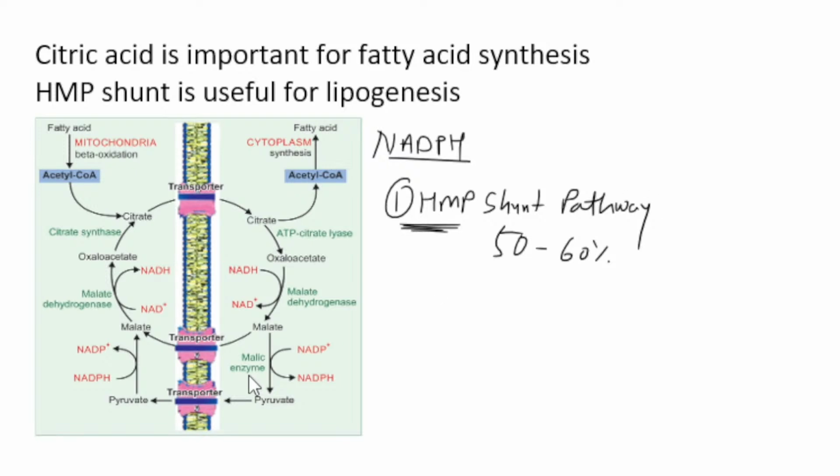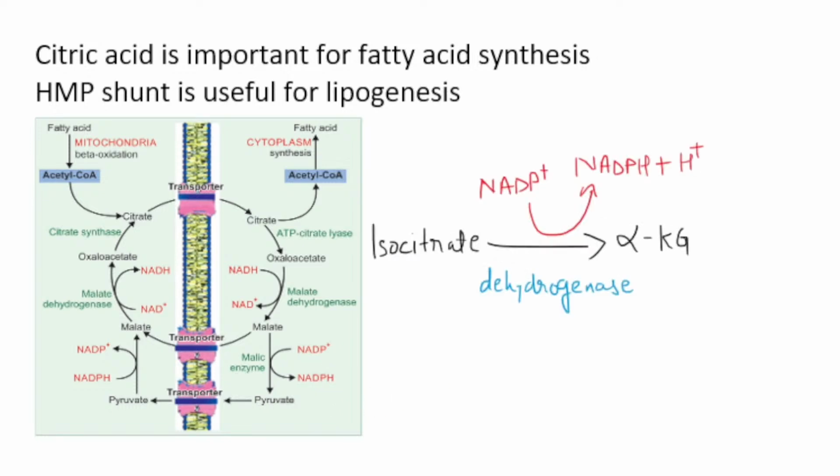Second source of NADPH is malic enzyme, where malate is converted to pyruvate and formation of NADPH. And the third source of NADPH is cytoplasmic isocitrate dehydrogenase reaction, where isocitrate is converted to alpha ketoglutarate and there is a production of NADPH. Mind well, it's a cytoplasmic enzyme.